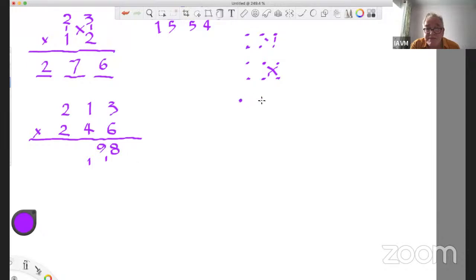The third step is the largest one. It is this cross product: hundreds by ones, tens by tens, and ones by 100s. So we get 12, add 4 is 16, add 6 is 22, add the carry 1, 23.